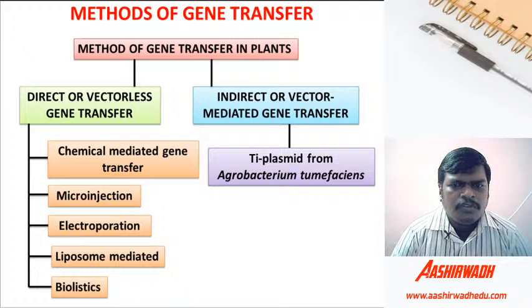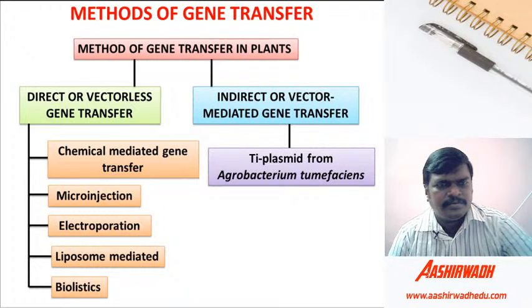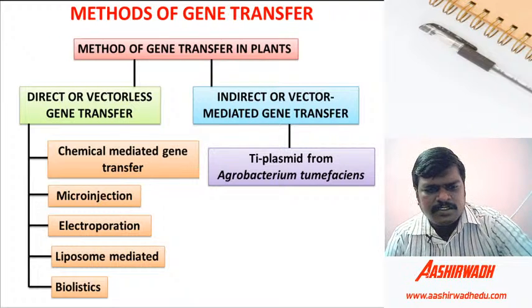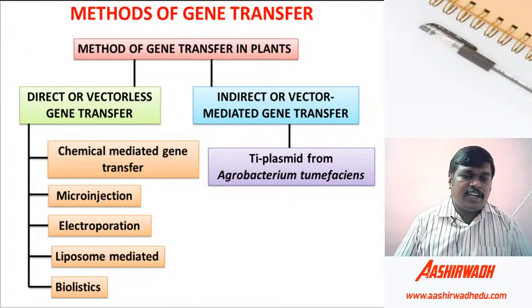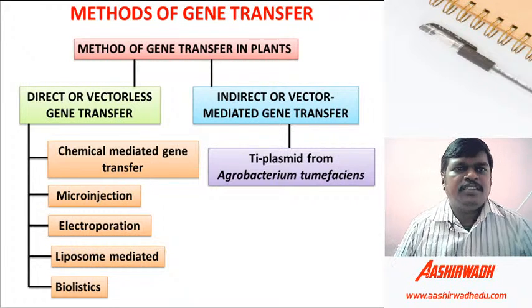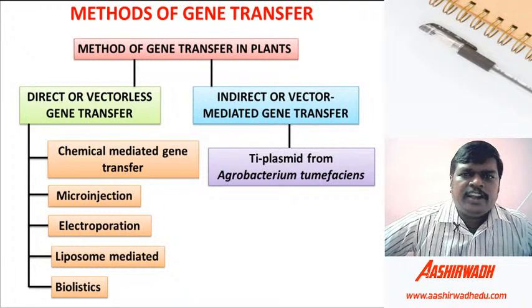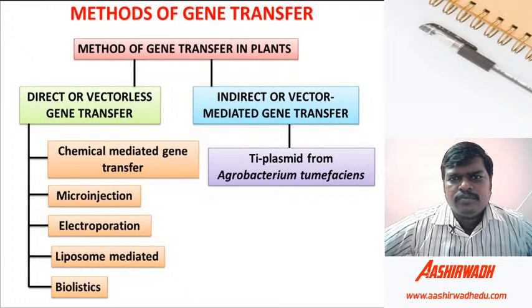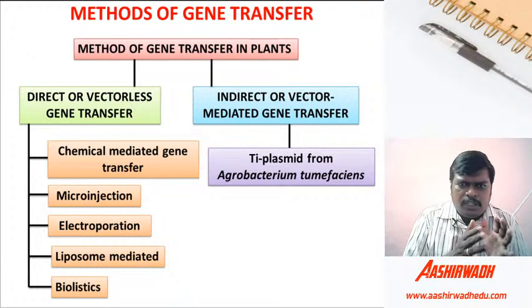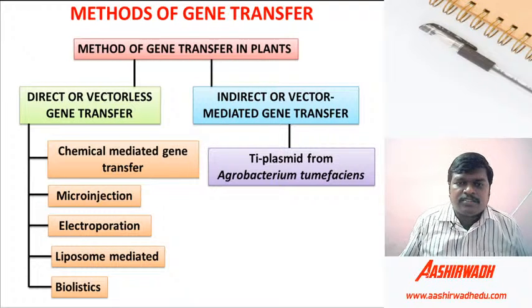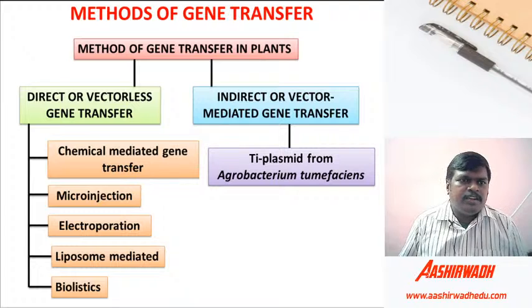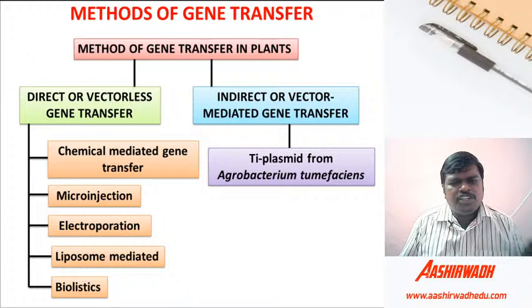In the methods of gene transfer in plants, there are two methods. One is the direct or vectorless gene transfer. The second type is called indirect or vector mediated gene transfer. In the first type, they are using methods without vectors, like chemicals, microinjection, electroporation, bioelectrics methods, and liposome mediated method.